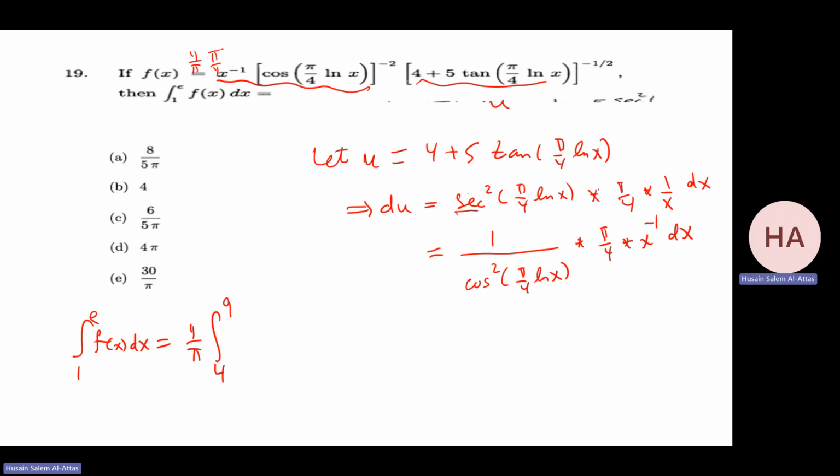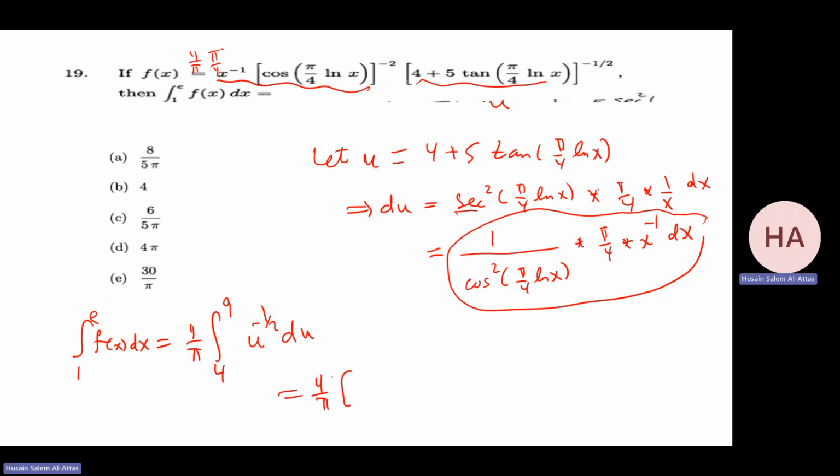All of this, so I have u to the power minus half du. Yeah. So this is my du, which is this one with the pi over 4 times dx.